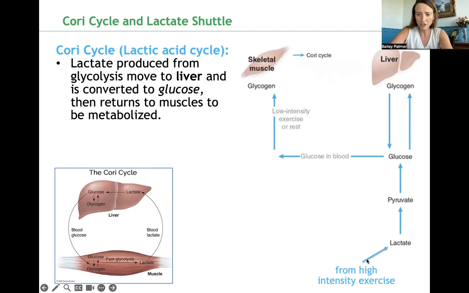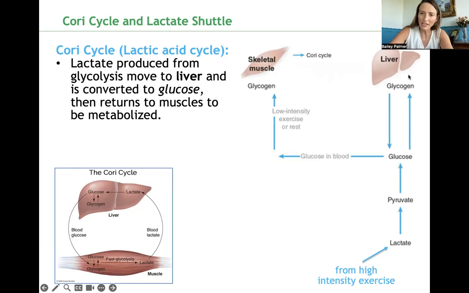What I want you to do is start here at the bottom of this little flow chart with the blue arrows. From high intensity exercise, we produce lactate. Lactate can be turned back into pyruvate and back into glucose. How though? It's done in the liver here.